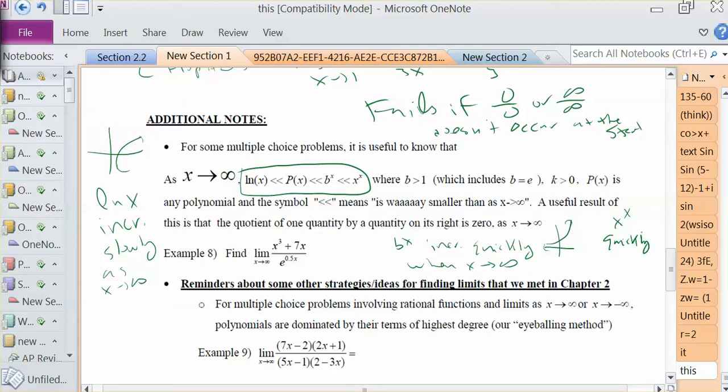X to the x quickly increases when x approaches infinity. And p of x is just some polynomial, like x to some power. That also increases quickly, but not as quickly as b to the x or x to the x. And the double inequality signs just mean way smaller, in case you're curious, or way bigger.